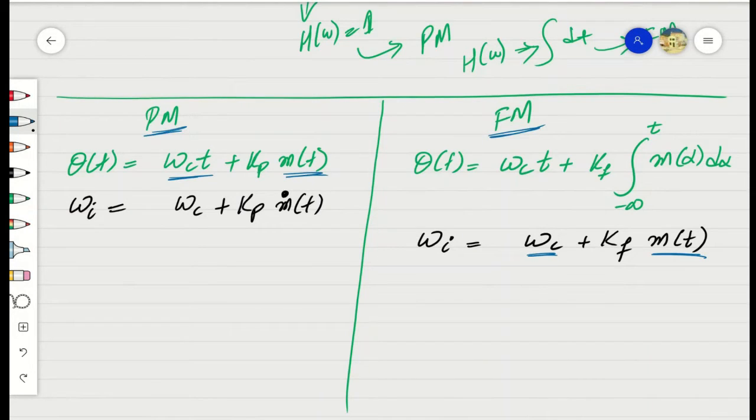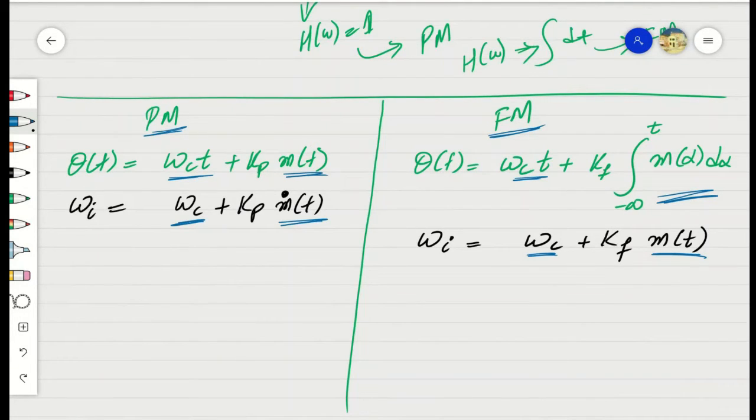For the case of phase modulation, the derivative of the information signal is being added into the frequencies. So the labels are assigned with respect to the direct impact of the information signal being introduced in phases or in frequencies for the case of phase and frequency modulation respectively.